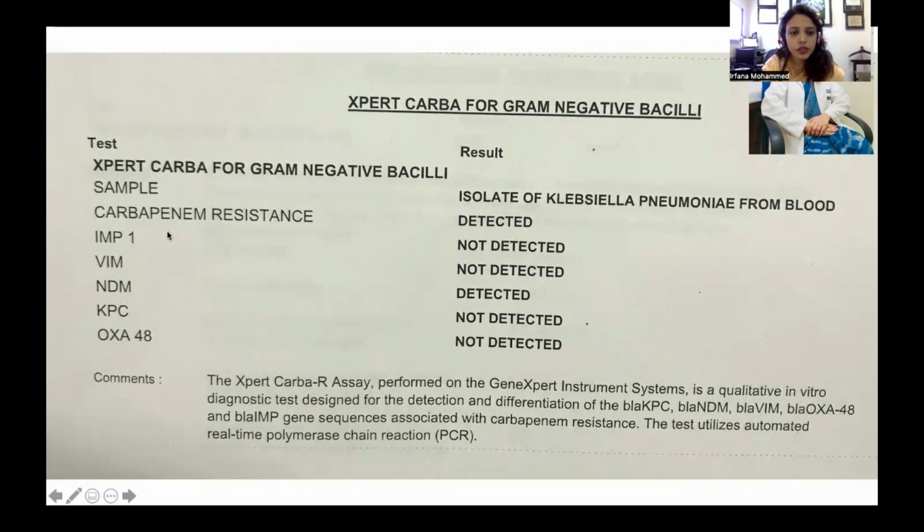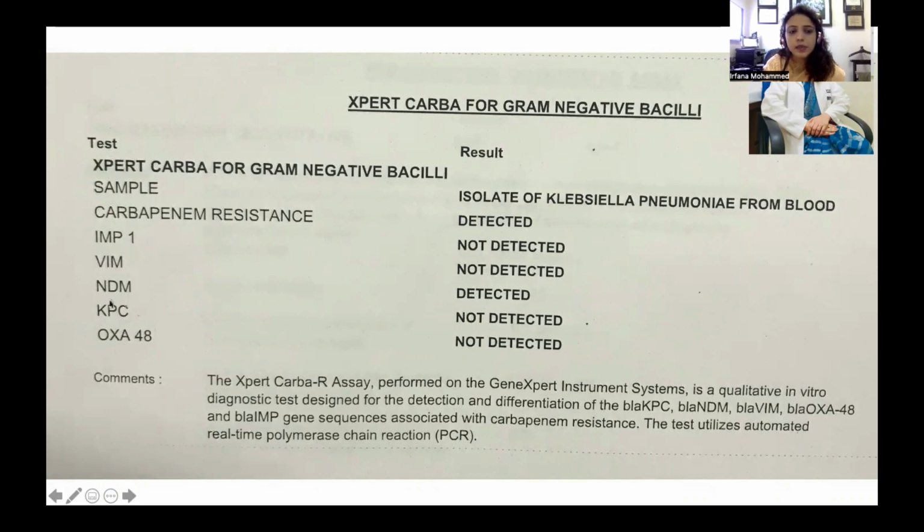So here you can see carbapenem resistance detected or not, for the isolate of Klebsiella pneumoniae from blood. And these are the five carbapenemase enzymes which can be detected by Carba R: IMP, VIM, NDM, KPC, OXA48. And here NDM has been detected.